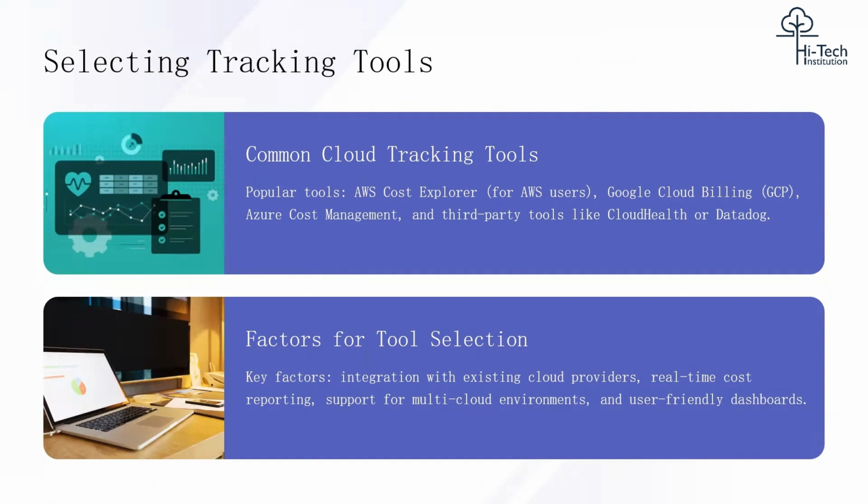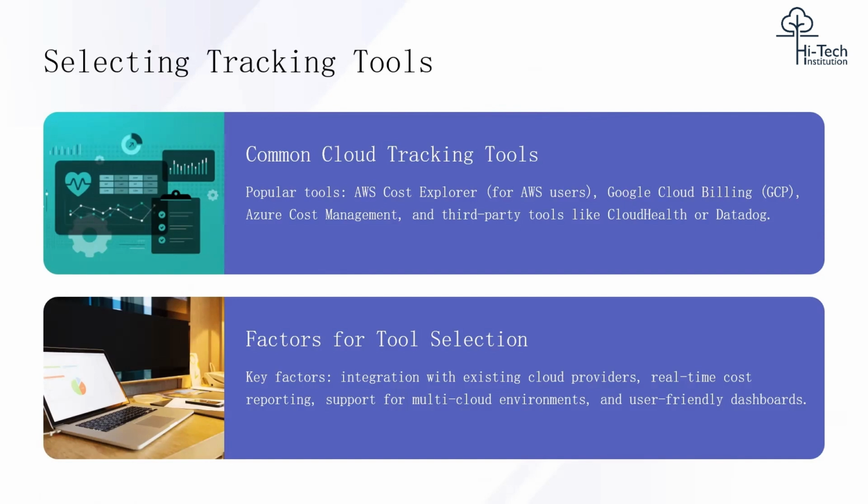Now, how do organizations select the tracking tool? Companies use these tools to see where their money is going, literally. When it comes to cost tracking tools, in AWS we have AWS Cost Explorer.